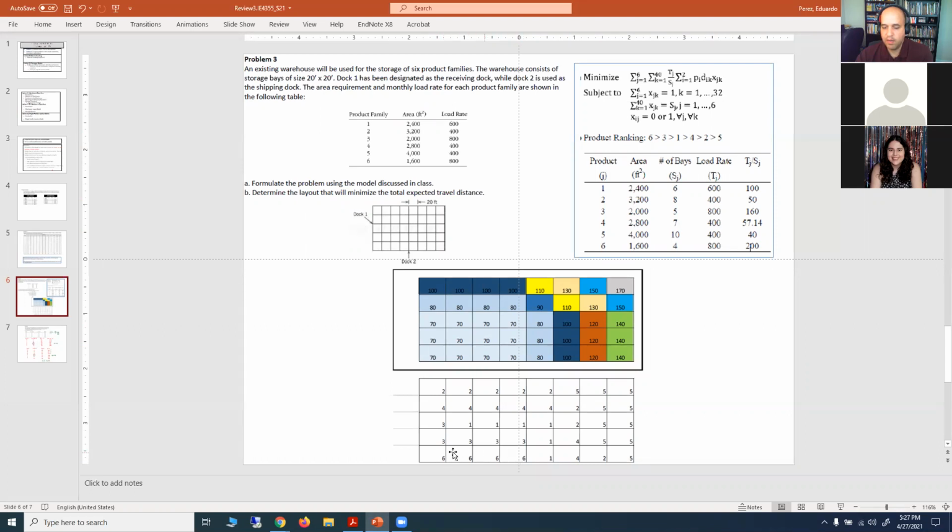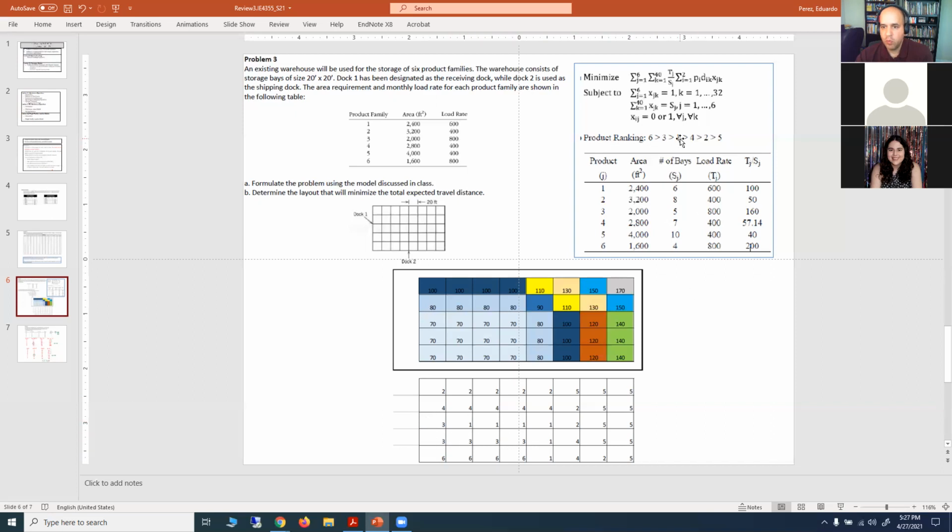So I have here the 4 cells for product 6. And then next goes 3. 3 requires 5 cells, so I still have enough 70 value cells. So I'm going to place product number 3 in those. So I have 5 3s here.